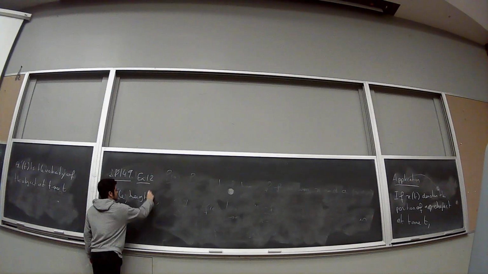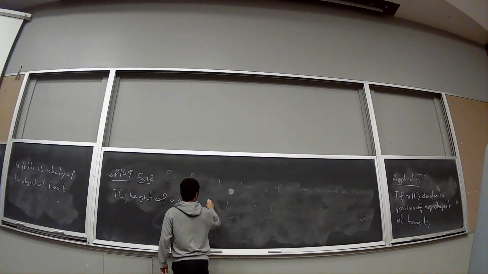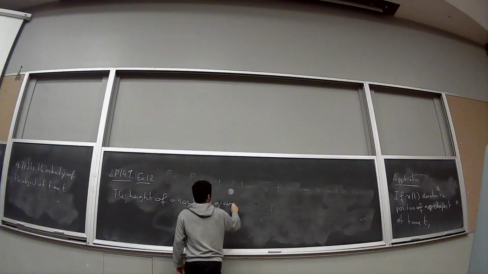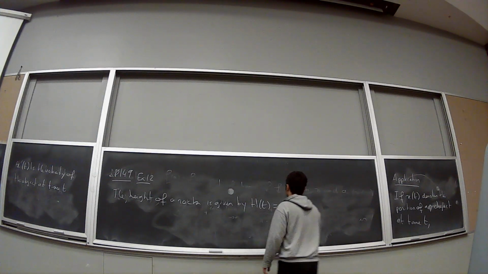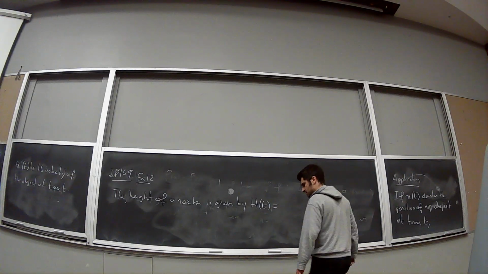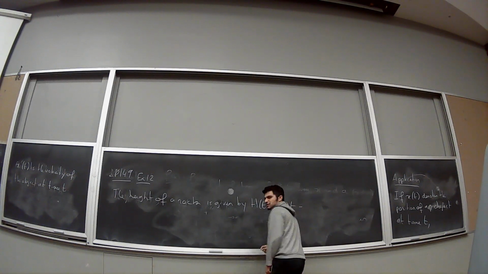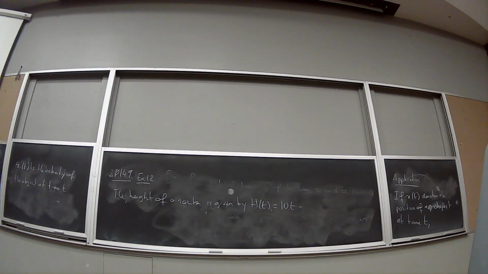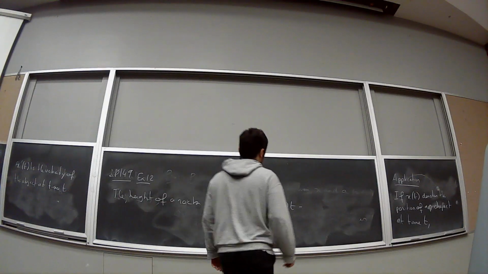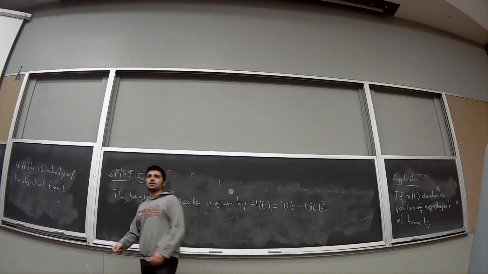The height of a rock is given by h of t. h of t is equal to what? 10t minus, what is the number they picked? I think it's 1.86t squared. Okay? This is the height of the rock.